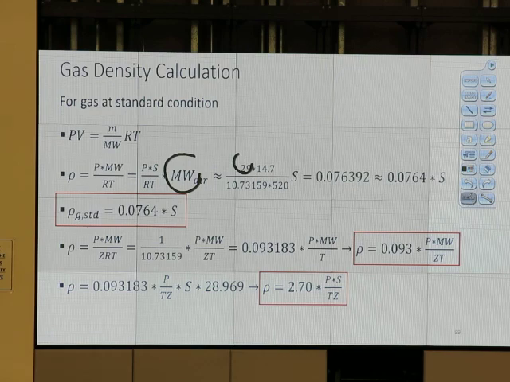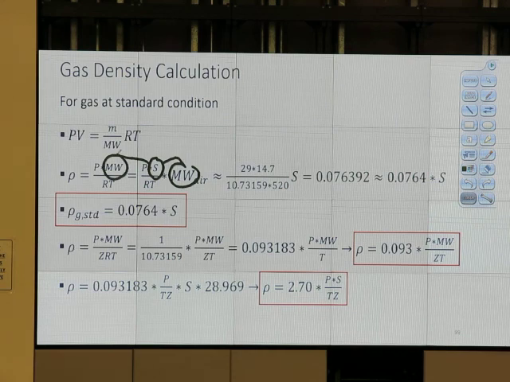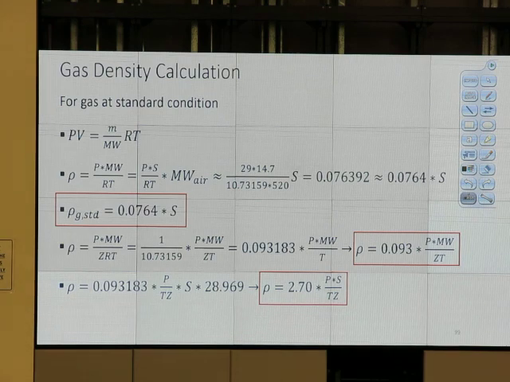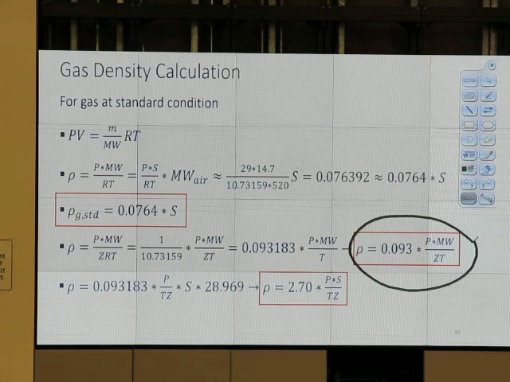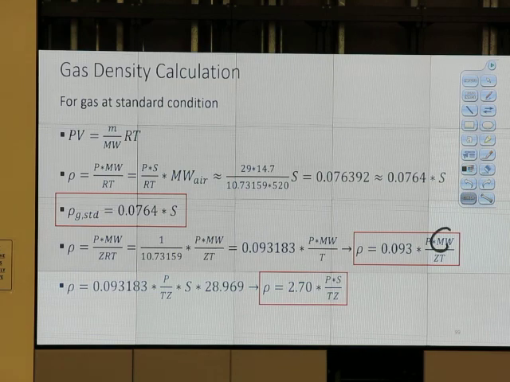Then I have S multiplied by molecular weight, which equals the actual molecular weight. So S is the specific gravity of gas. P at standard is 14.7. R is 10.7 something. Temperature is 520. Do everything, then I get this equation. And we can get this equation too if we express it differently. Okay, that's the derivation.